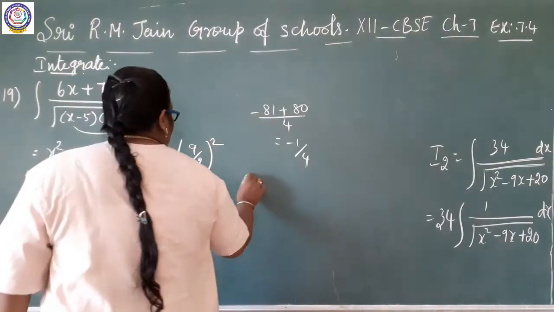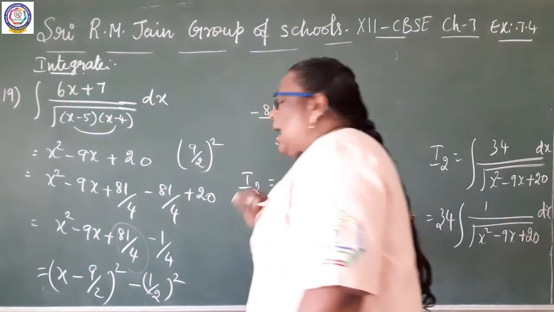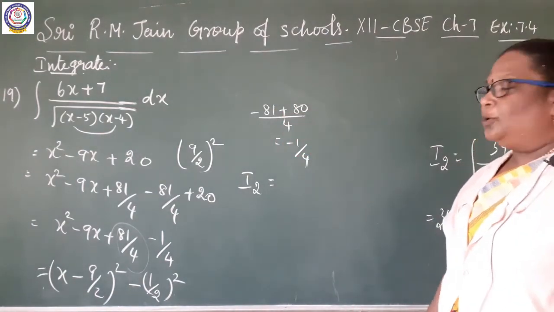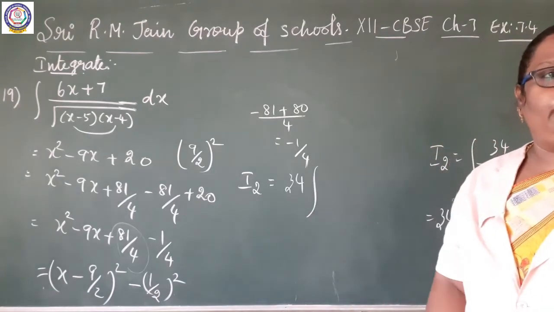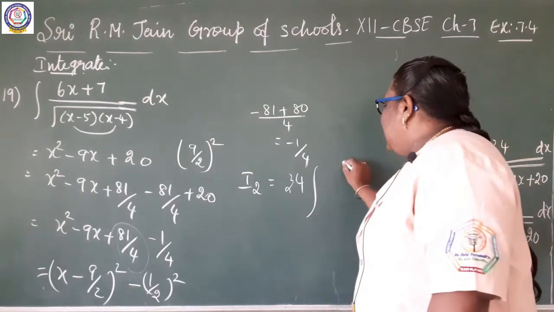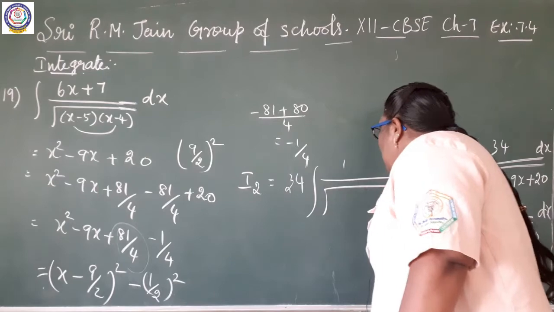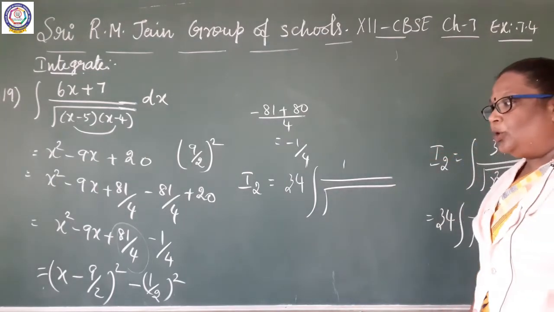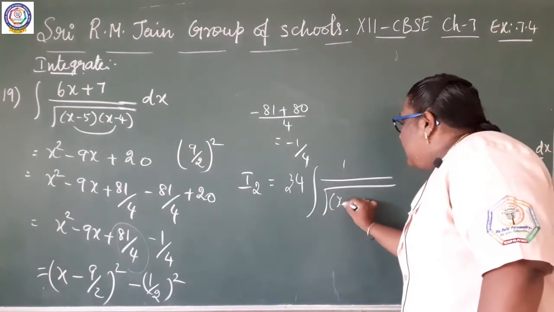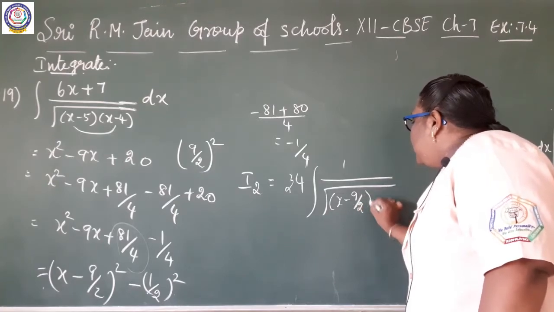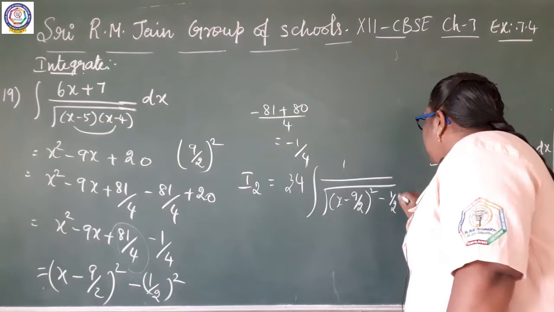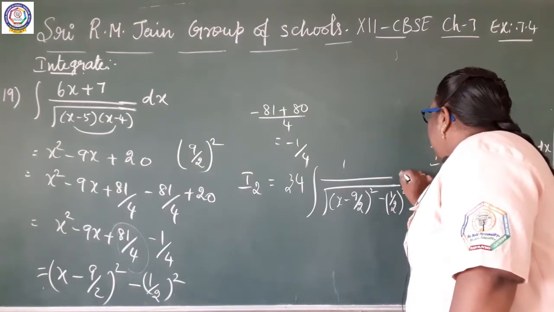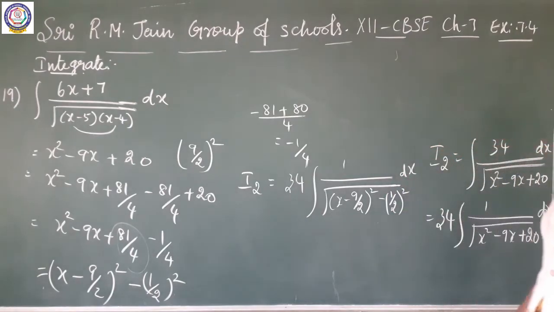So I2 equal to 34 into integral of 1 by root of x minus 9 by 2 the whole square minus 1 by 2 the whole square into dx.